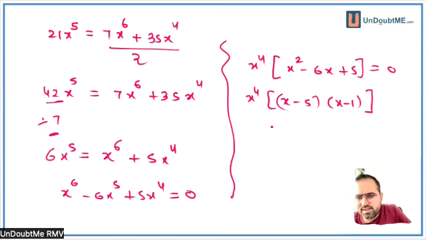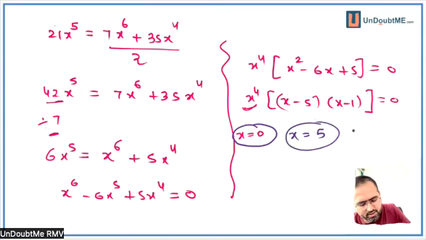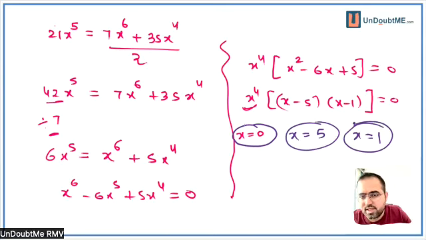Now you can see that there are three factors. x to the power 4 is also one of the factors, so that gives the value of x as 0. x is equal to 5 and x is equal to 1. Whether each will be accepted or not is a secondary part, but primarily these three are the answers. So we should never divide when we are dealing with such equations.